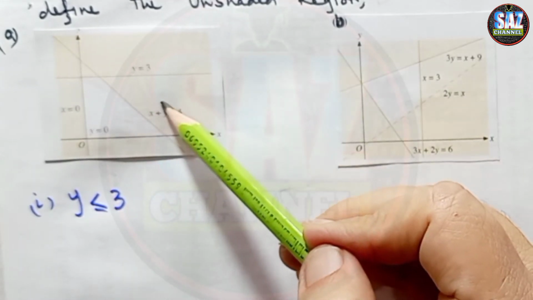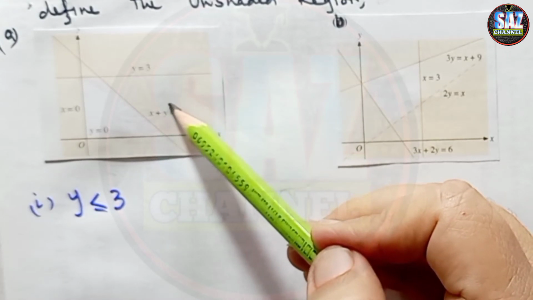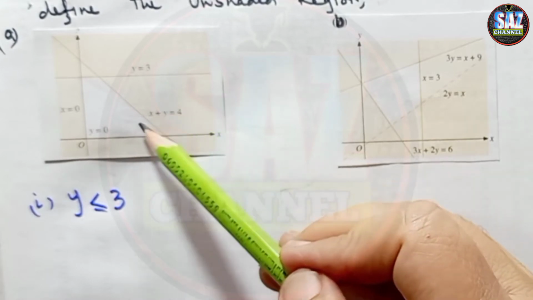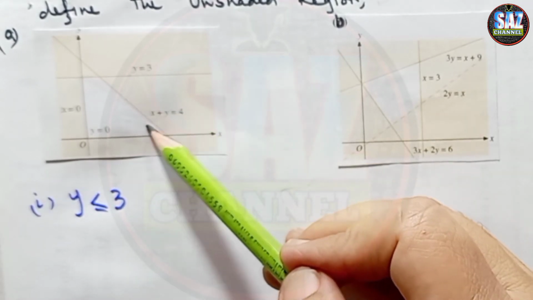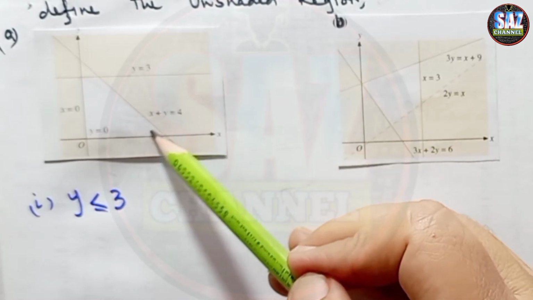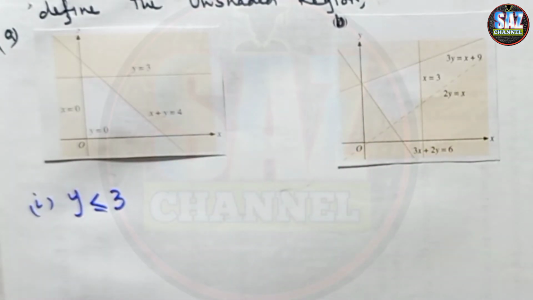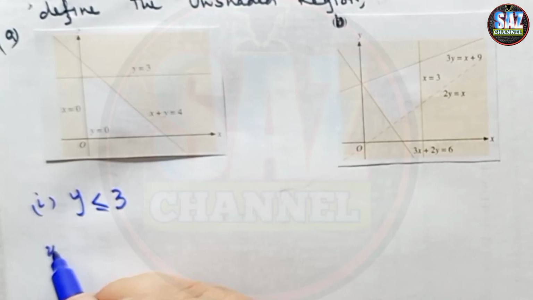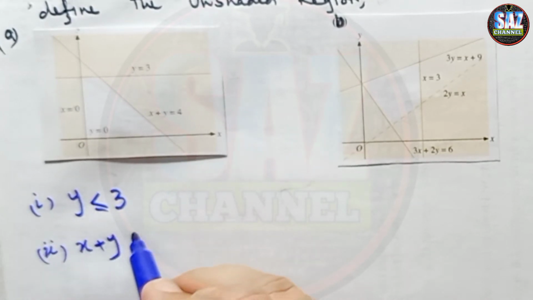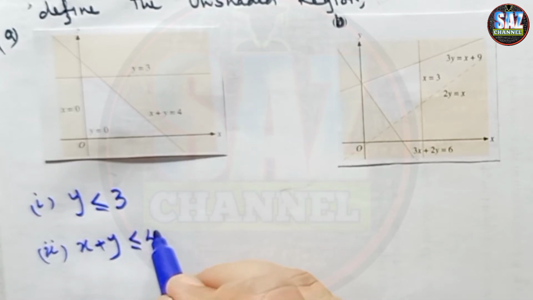So the inequality associated with this line will be x plus y less than or equal to 4, because the unshaded region is below this line. The second inequality which defines the unshaded region is x plus y less than or equal to 4.